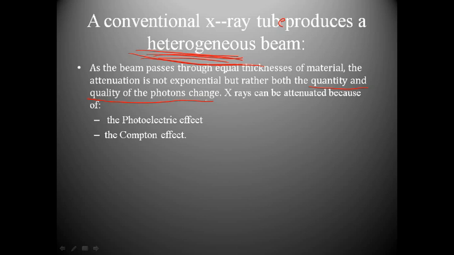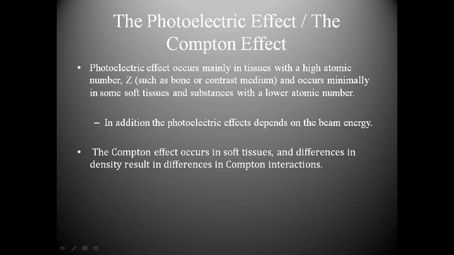X-rays can be attenuated because of the photoelectric effect and the Compton effect. And we won't necessarily go into these right now. The photoelectric effect occurs mainly in tissues with a high atomic number.